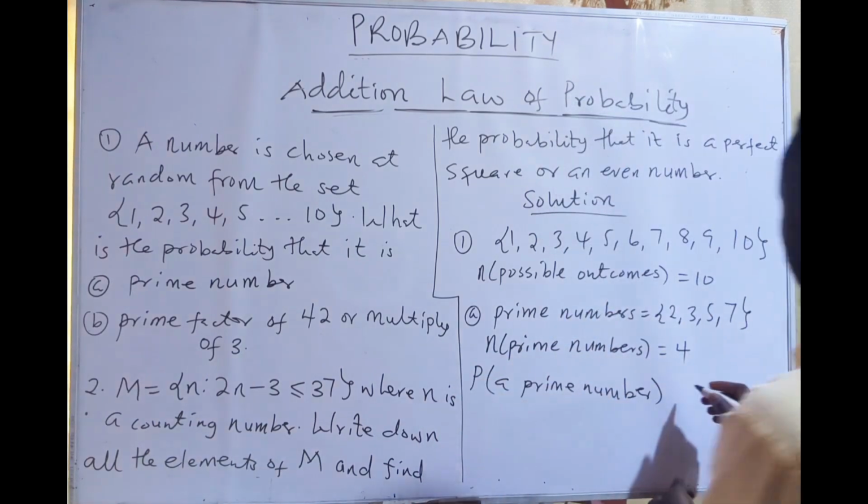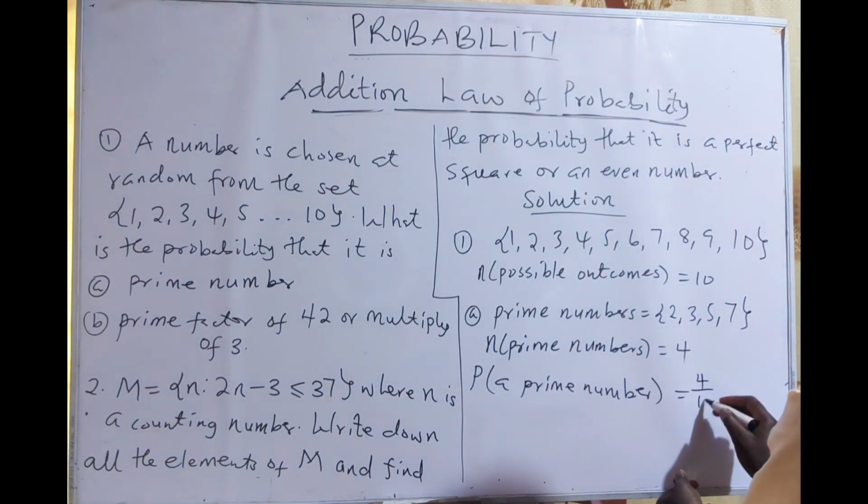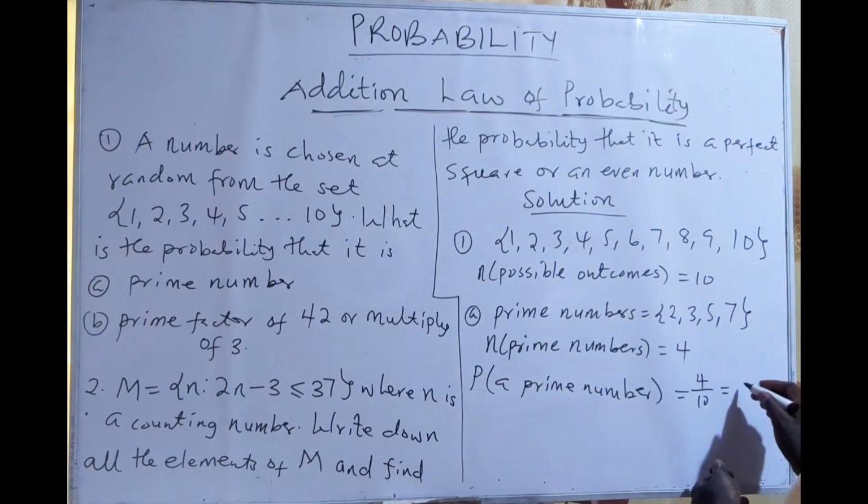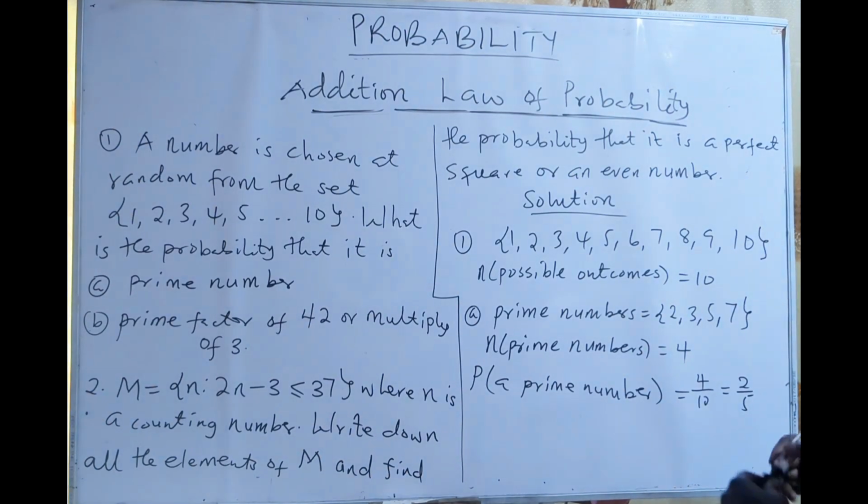That will give us 4 out of 10. And what is 4 over 10? I think that will be 2 on 5. 2 goes here, 2 goes here, 5. So 4 over 10 is giving us 2 over 5. Alright, so we are done with the A.